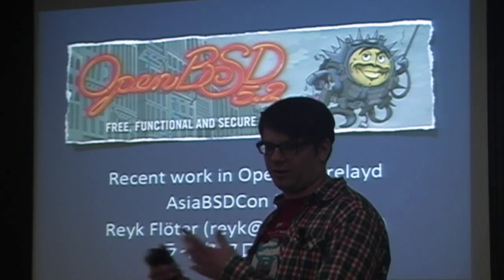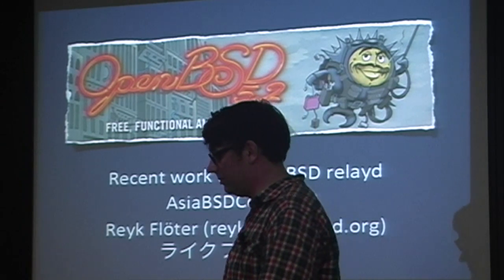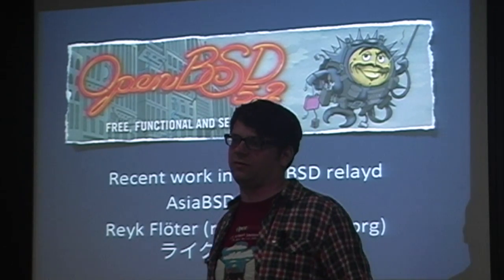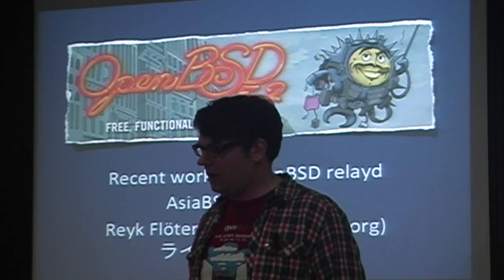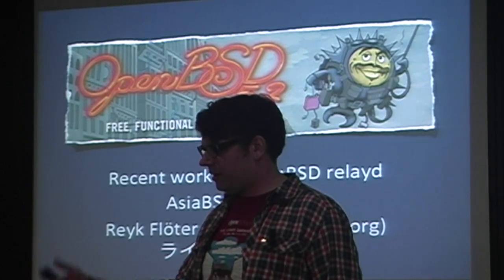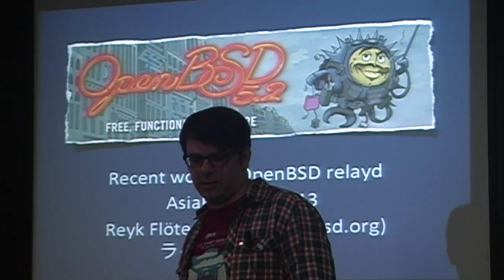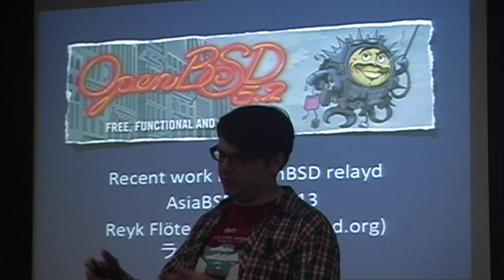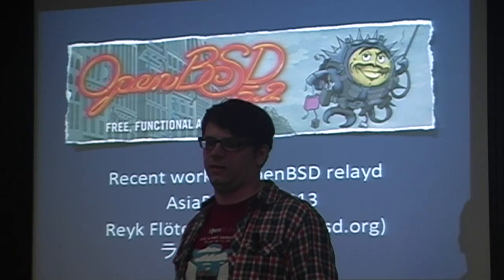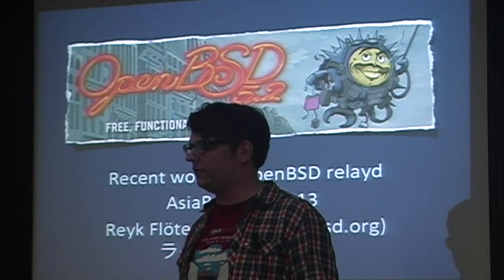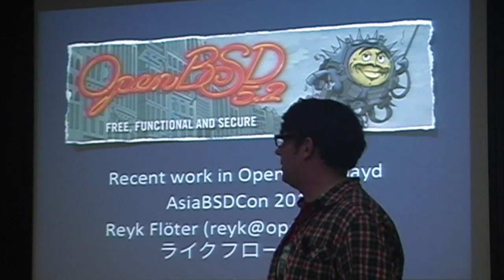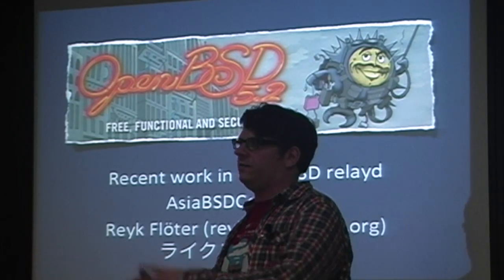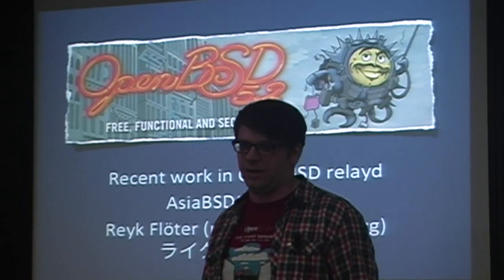I start up things in OpenBSD where we need certain functionality. I previously had a company with network appliances based on OpenBSD. So in this former company, I said, well, I need IPsec, so I did an IPsec.